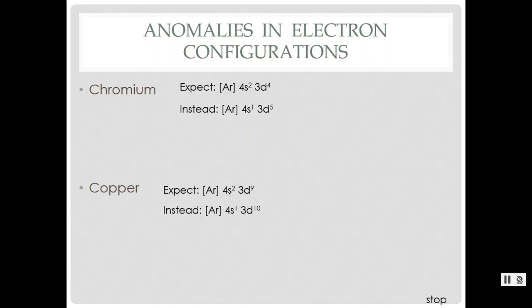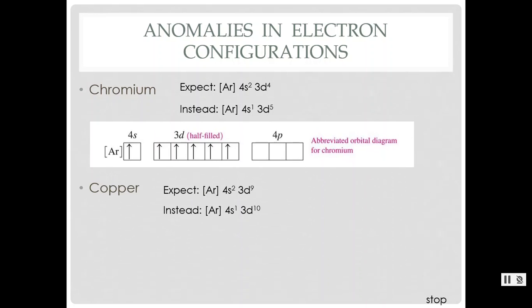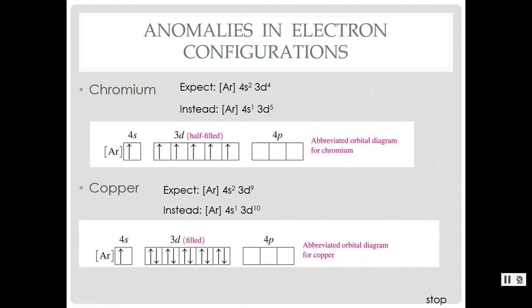Well, we can kind of explain that if we look at the orbital diagrams for chromium and for copper, specifically using the abbreviated electron configuration and using the electron configuration that is actually seen.